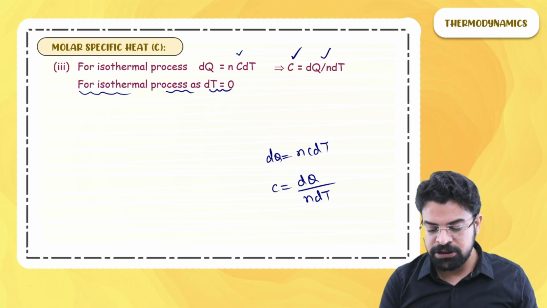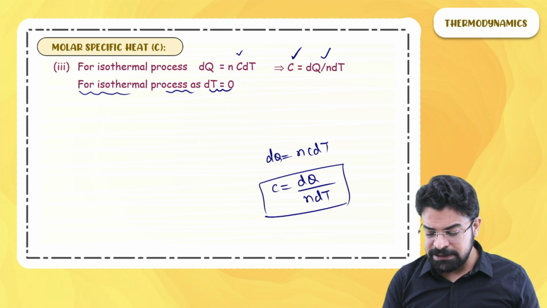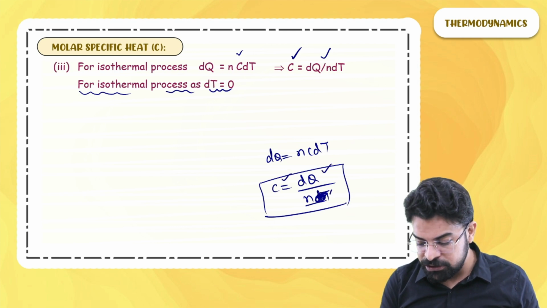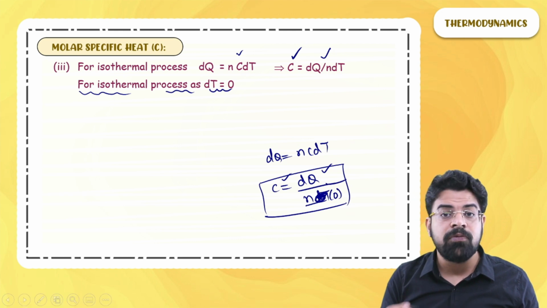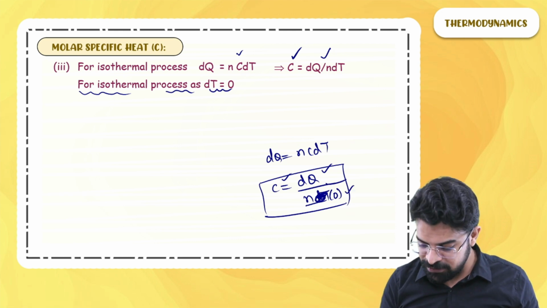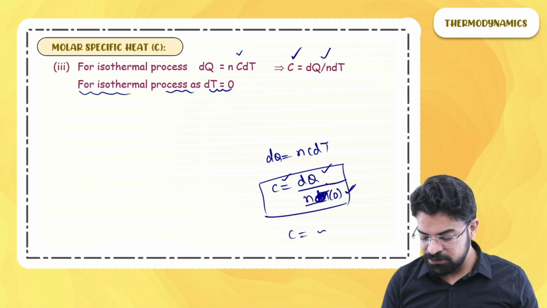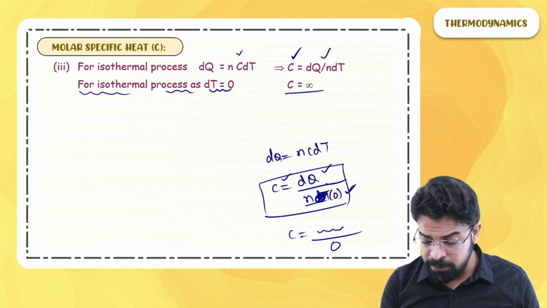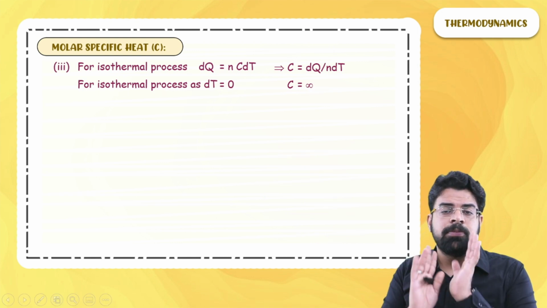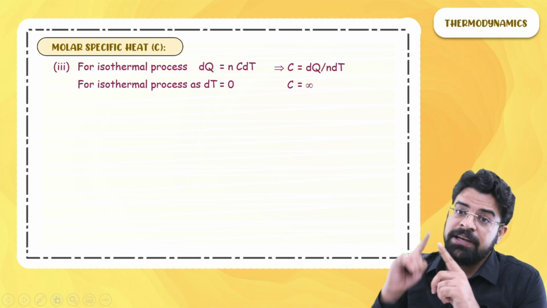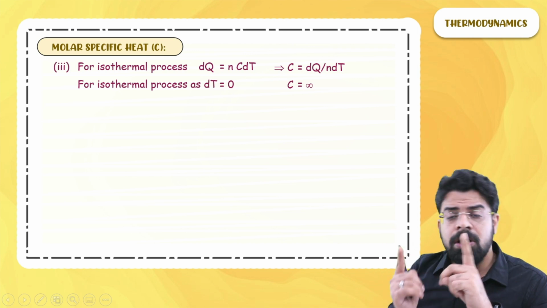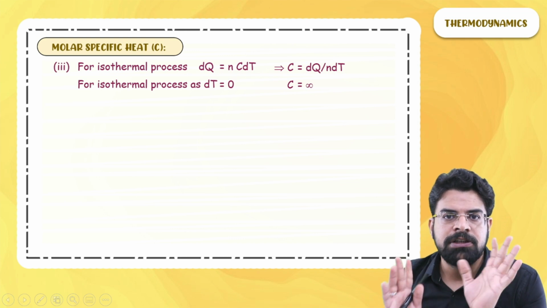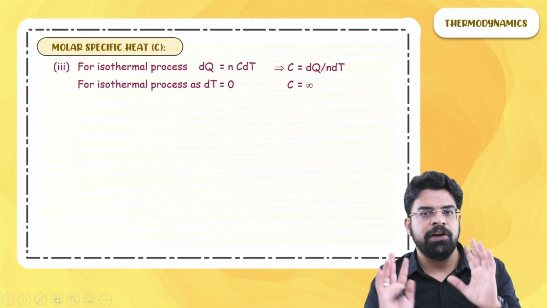So dT has to be 0. Now look here. In this equation, C equals dQ by n dT. If this dT becomes 0, the denominator becomes 0. What will be the value of C? If the denominator becomes 0, C equals something by 0, so C has to be infinity. So remember, for constant temperature processes, whether there is phase transformation in calorimetry or an isothermal process, the specific heat comes out to be infinity.